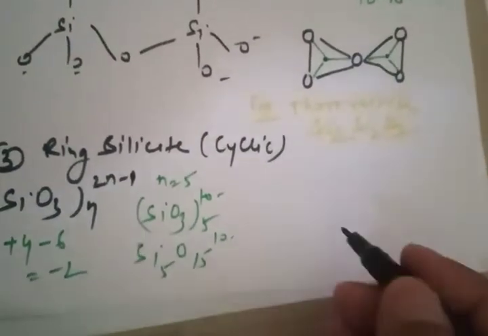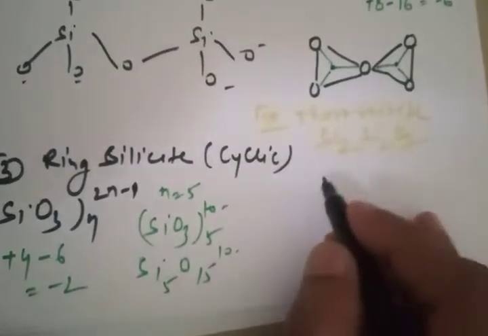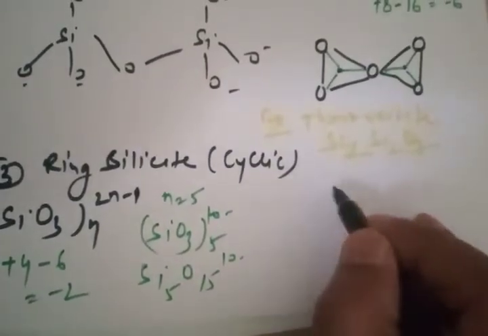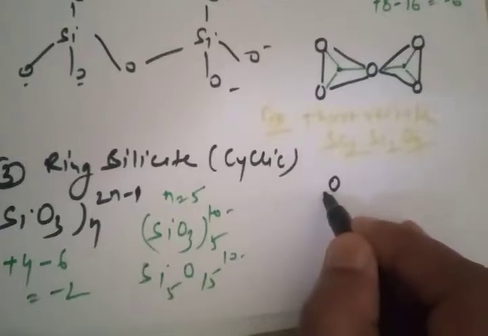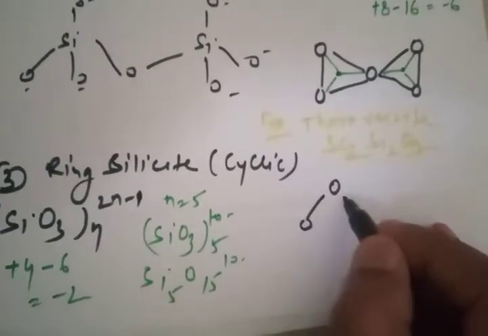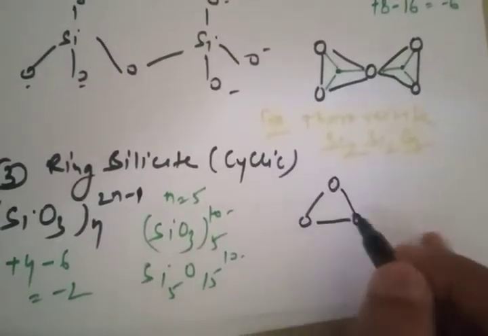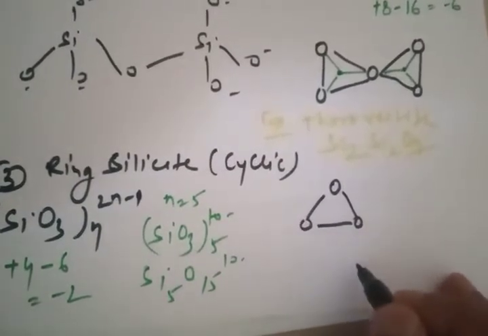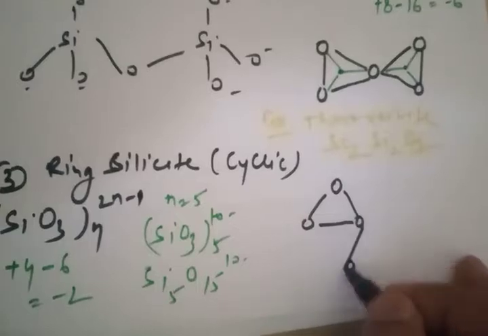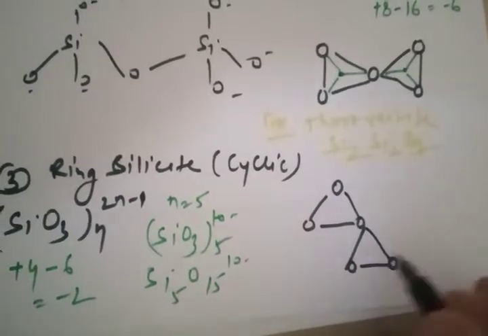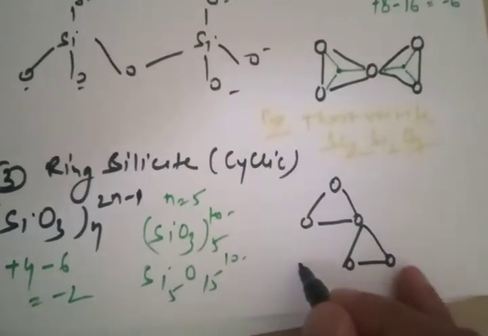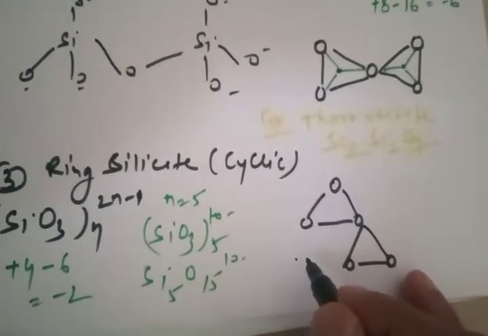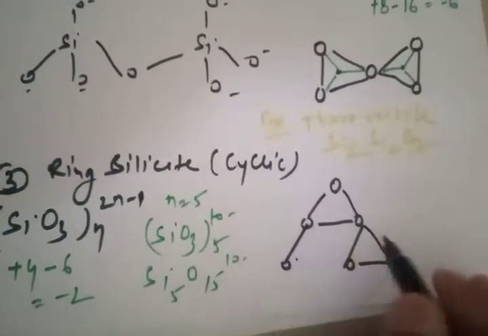Now what is the structure of ring silicate? So the structure will give, this is one oxygen, this is another oxygen. And with this we can go for two oxygen, so this will combine with this two, and this oxygen and this oxygen will give you the third one.